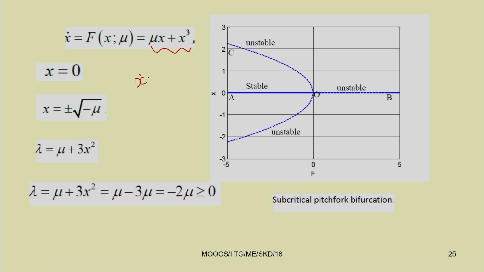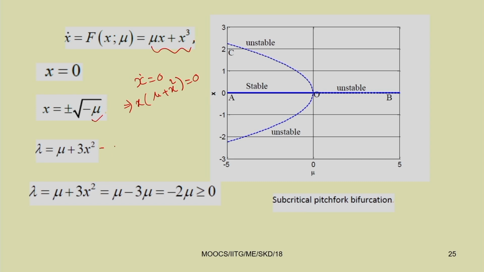Putting x dot equal to 0 and taking x common, x into mu plus x square equal to 0. So, x equal to 0 is one solution and the other solutions are x equal to plus minus root over minus mu. So, we have three solutions here, and if you plot it, we can see this.